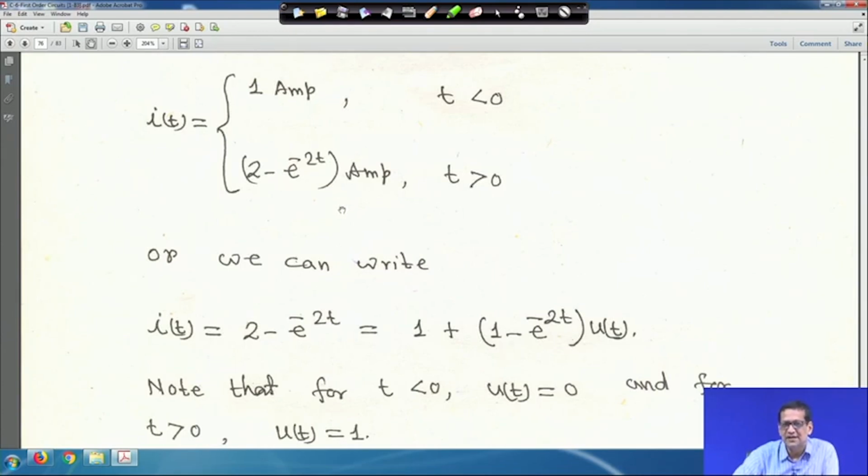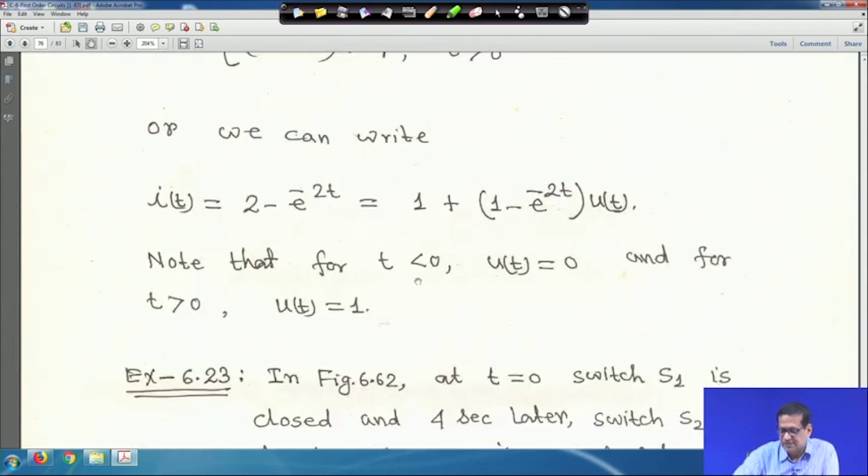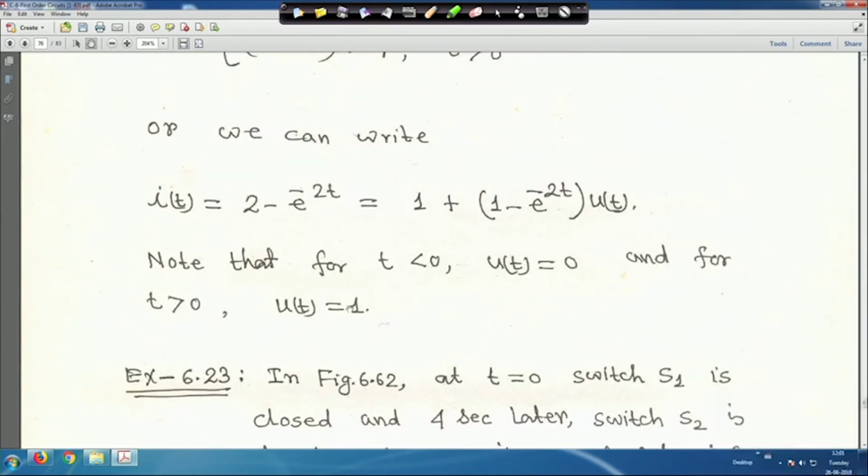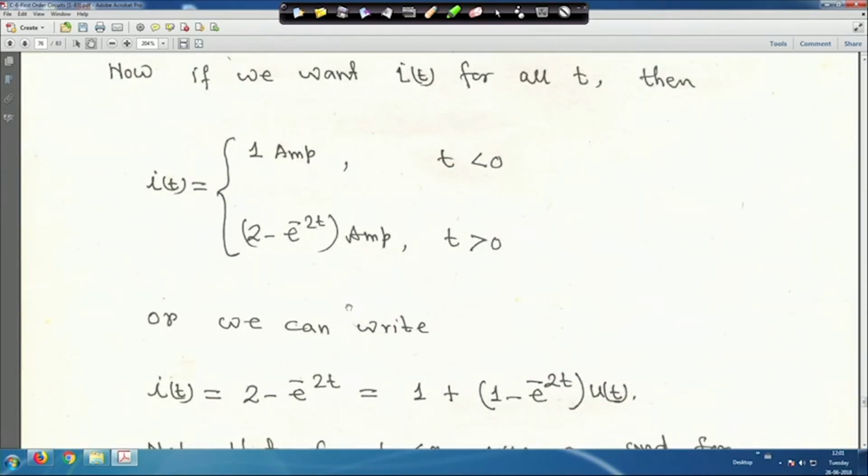This way you can write it. Note that for t less than 0 u t is equal to 0, and for t greater than 0 u t is equal to 1. I hope this problem is understandable to you.